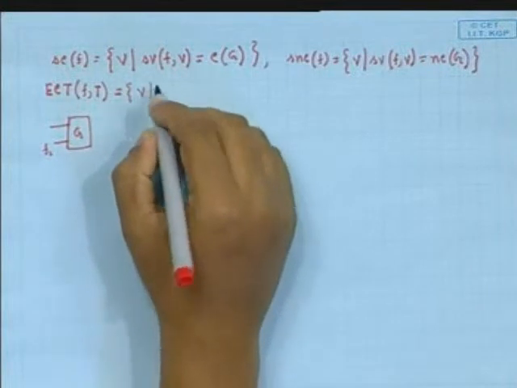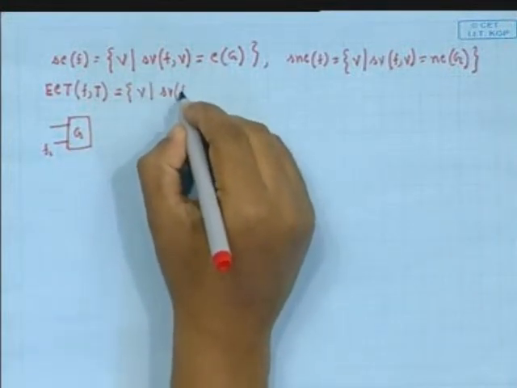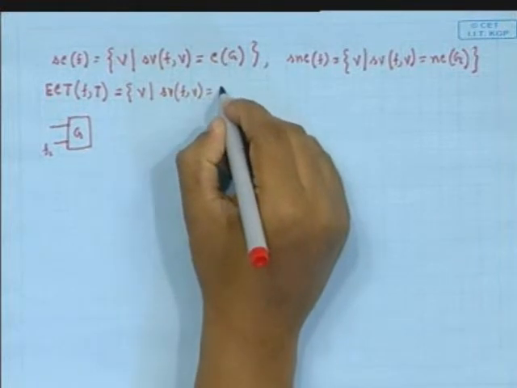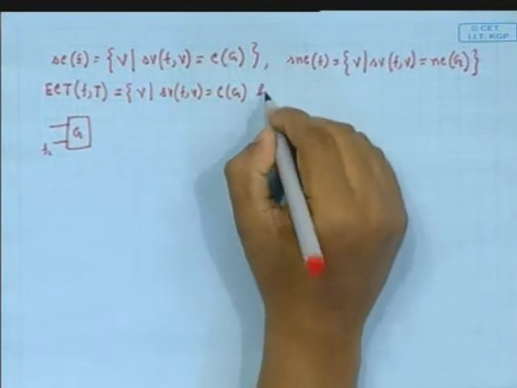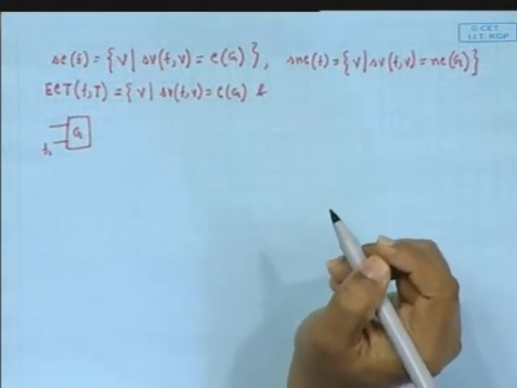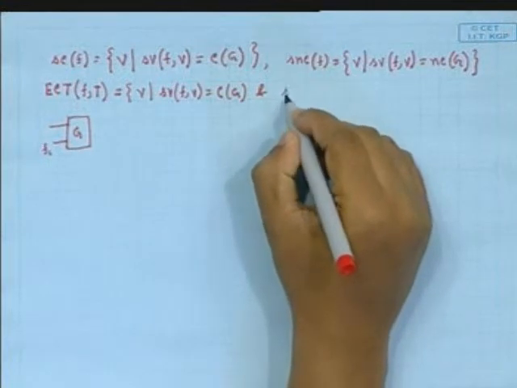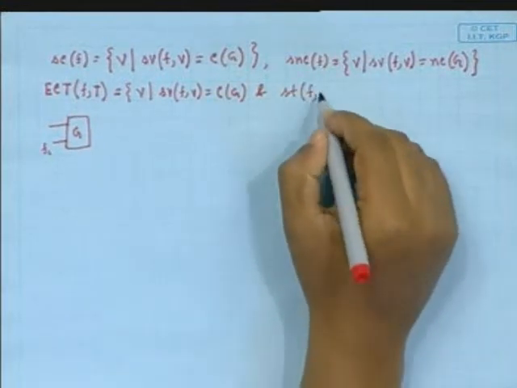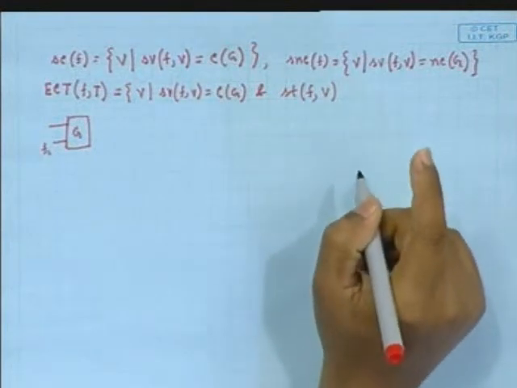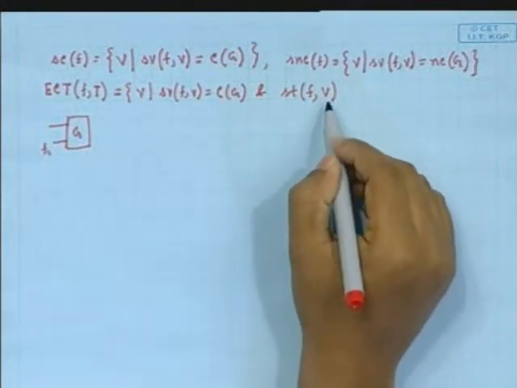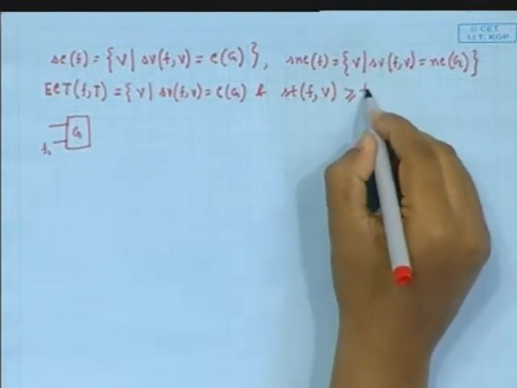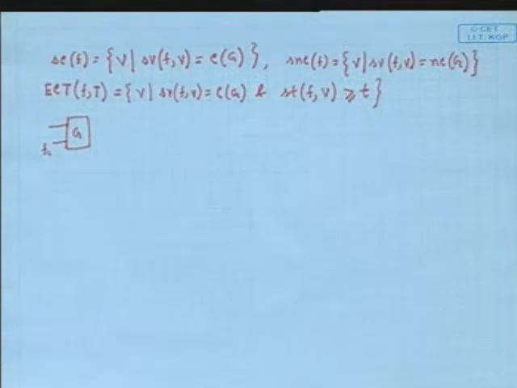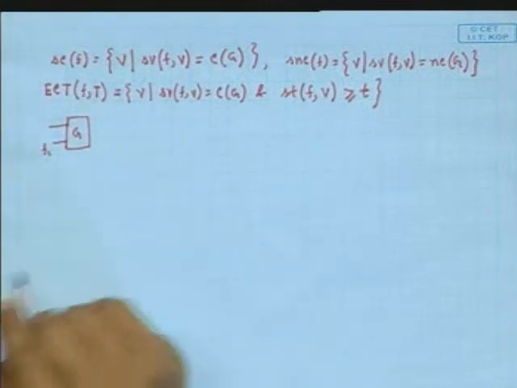So the set of vectors for which the stable value of node F for V is the controlling value of the gate Z, and the stable time of node F on application of vector V is greater or equal to t. So it can stabilize earliest by t. So that is the third term.